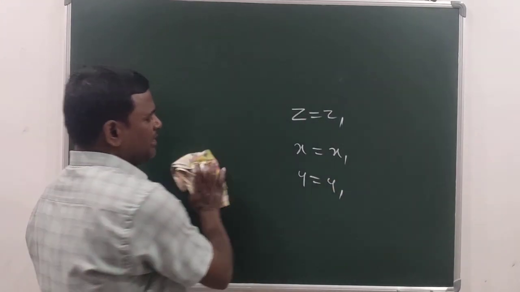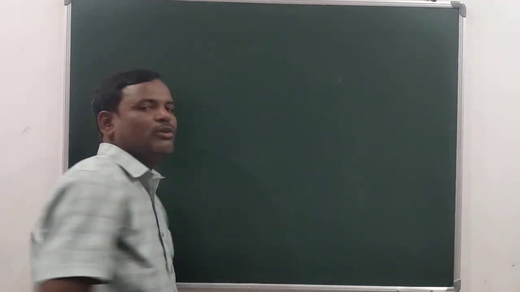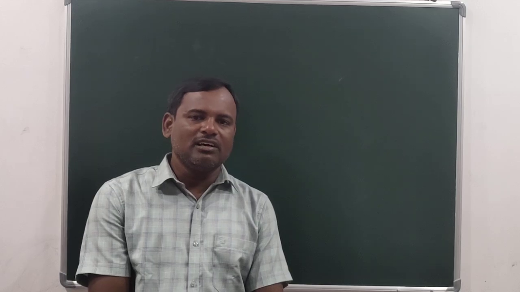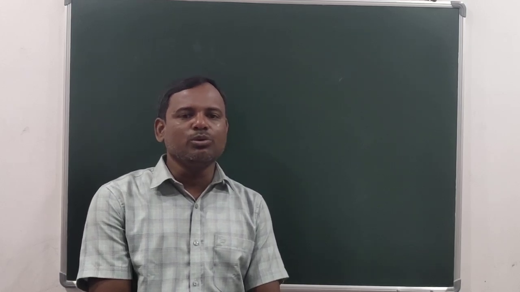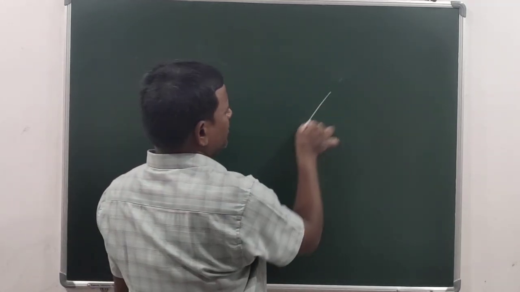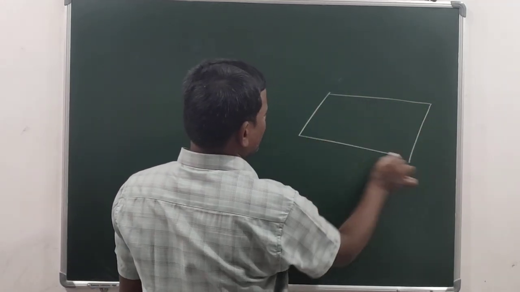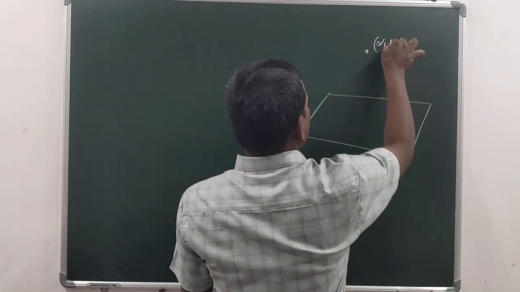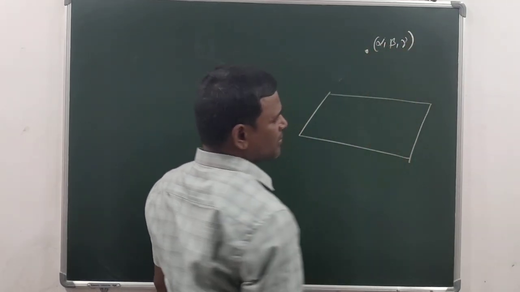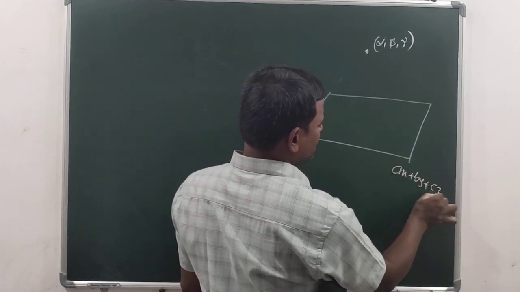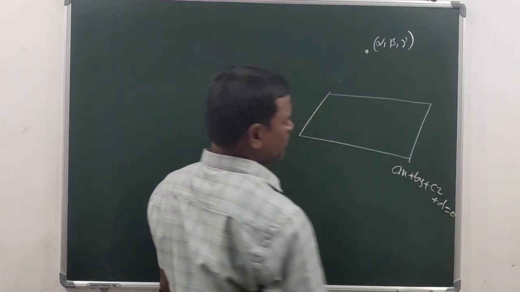Okay, right? And you know how to find the foot of the perpendicular in straight lines, and also how to determine the image of a point in a given line. Here also the same. See here, a plane will be given to you, and a point alpha comma beta comma gamma in space, and the plane equation is given as ax plus by plus cz plus d equal to 0.